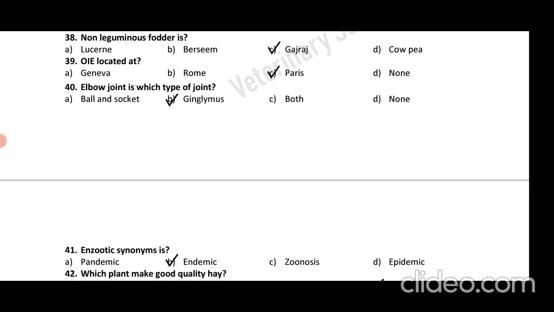And epidemic and pandemic. Pandemic means that if a disease attacks throughout the world, with many countries affected, then it is pandemic, as coronavirus is a pandemic disease. And epidemic means a disease affecting a particular area, for example Pakistan or any African country.